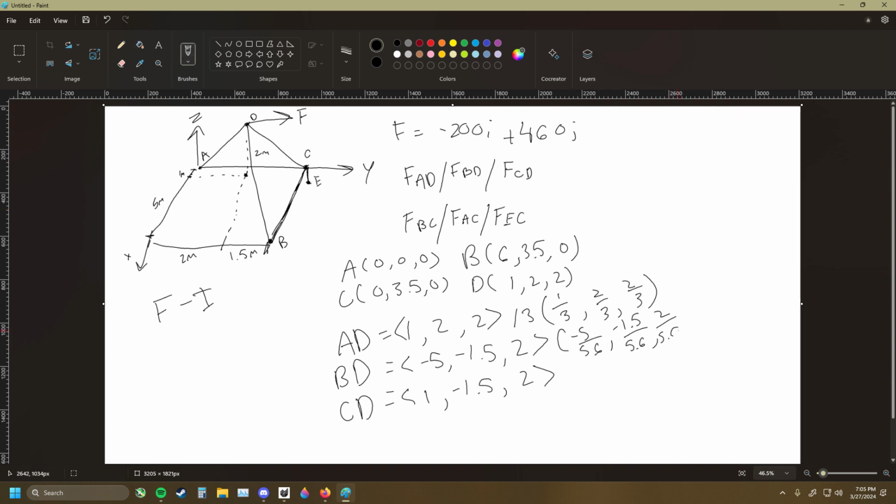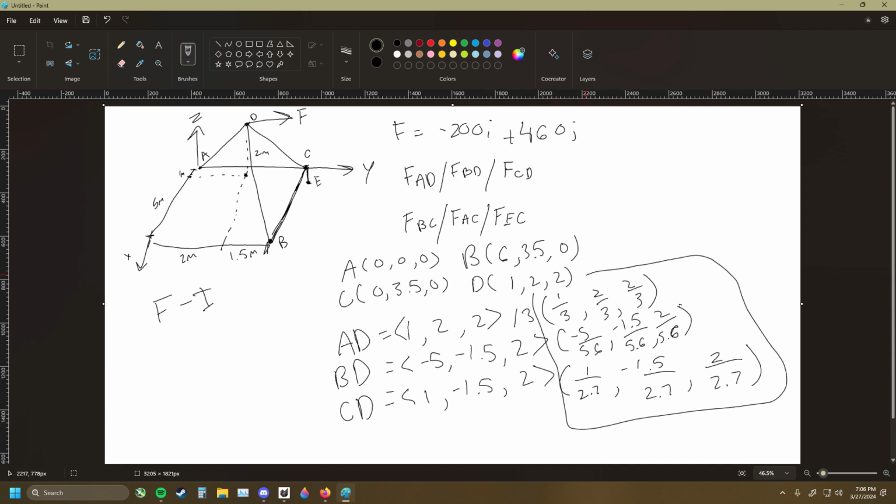And then you would do the same for the last one, where the magnitude of the vector is roughly 2.7: negative 1.5 over 2.7, comma, 2 over 2.7. Okay, sorry, they're all sideways.